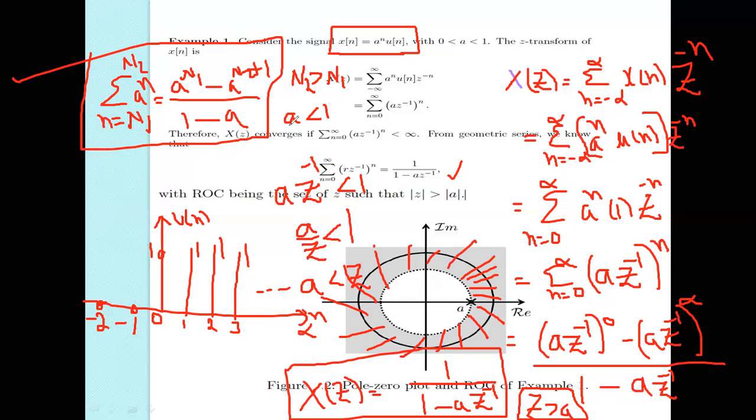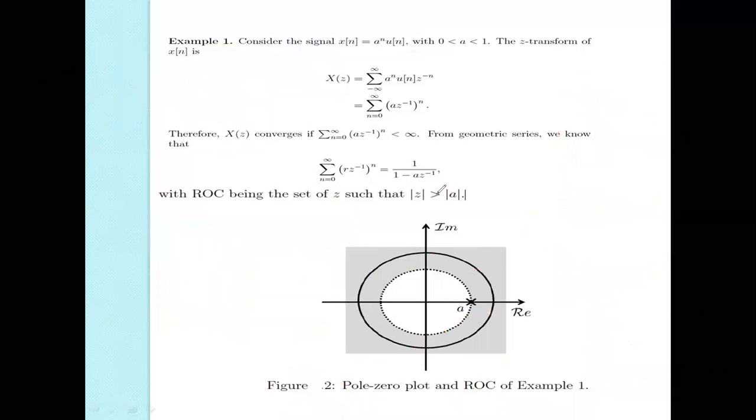So using a is less than 1, I took a z power minus 1 is less than 1, a by z is less than 1, a is less than z, and z is greater than a. Got it, my dear student? Z greater than a is the region of convergence.